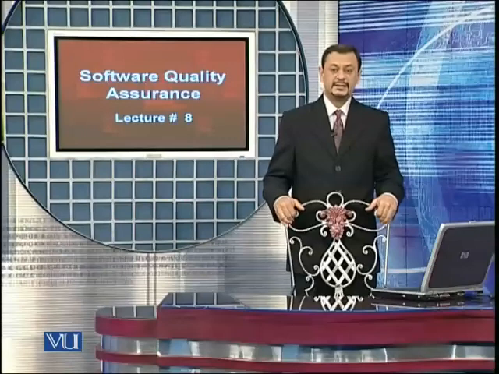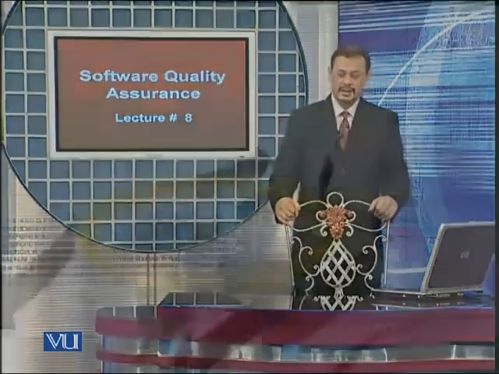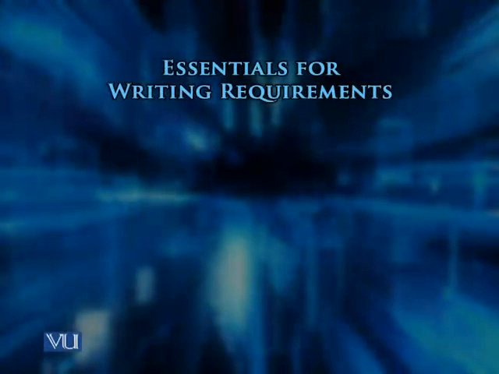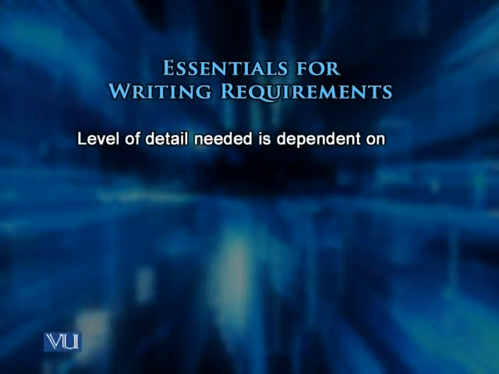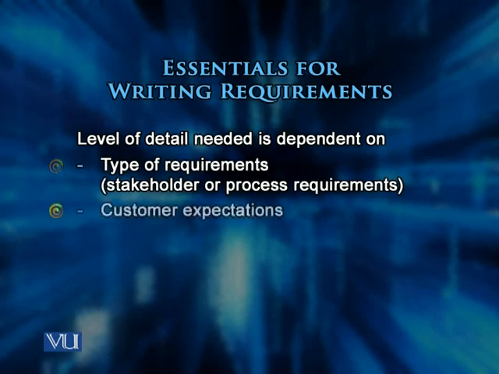We have discussed the level of abstraction and level of detail of requirements in the last lecture. And so these are like the ground realities of what happens in the requirements world. The level of detail that is needed is dependent on a few things. For example, the type of the requirements, stakeholder or process requirements. Customers' expectations are also an important factor in determining the level of detail at which you would want to document the requirements.